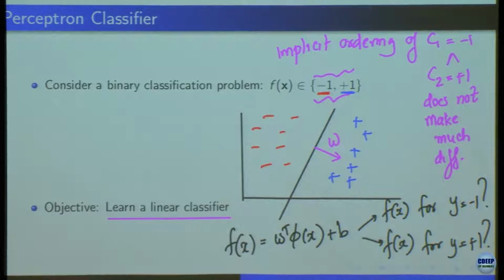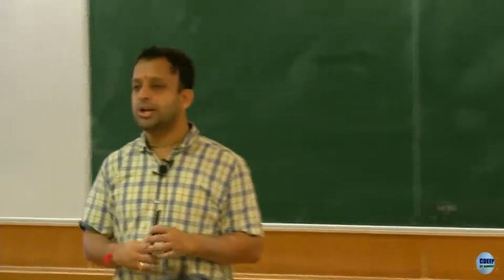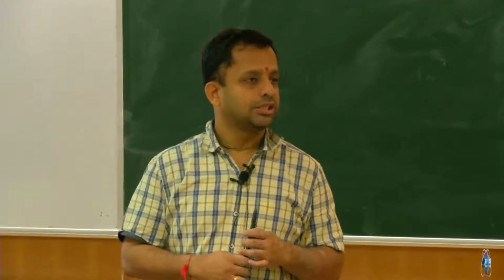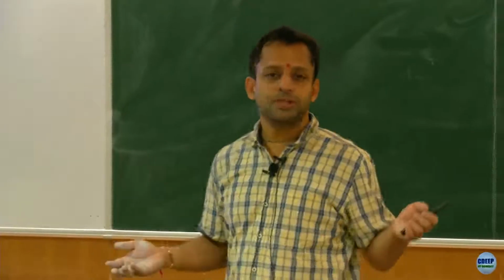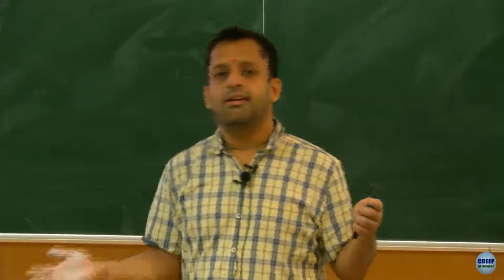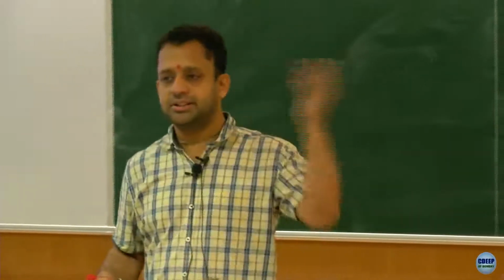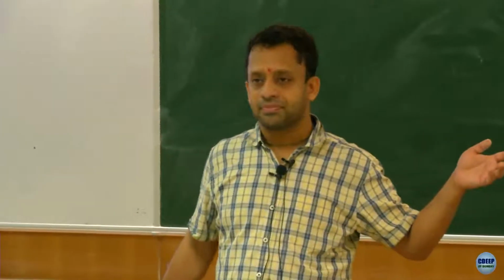It's a vector, and whether y is +1 or -1 should correspond to the sign of W transpose phi x plus b. If a point lies on one side, then W transpose phi x plus b, that is fx, basically should be negative, on the other side it should be positive.